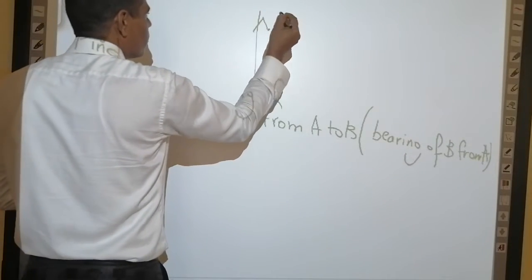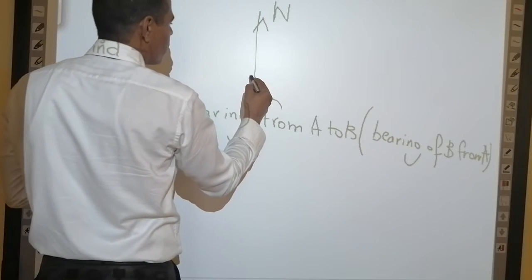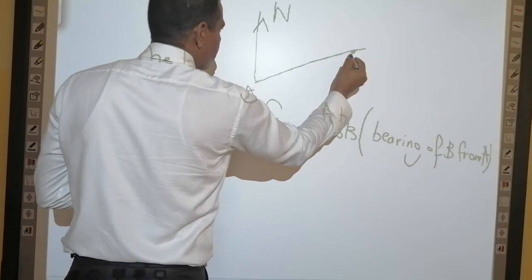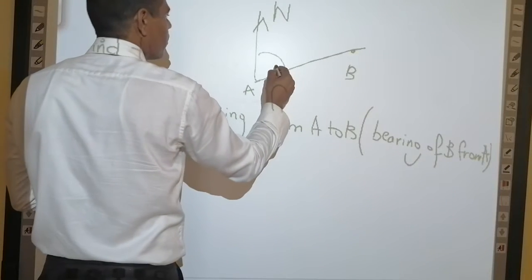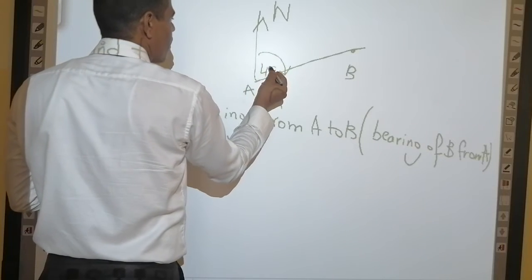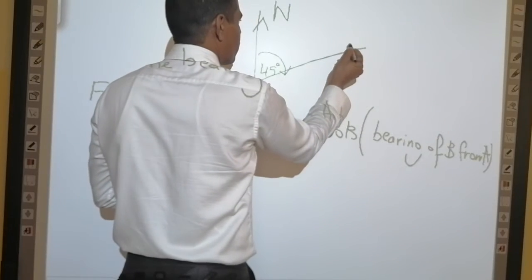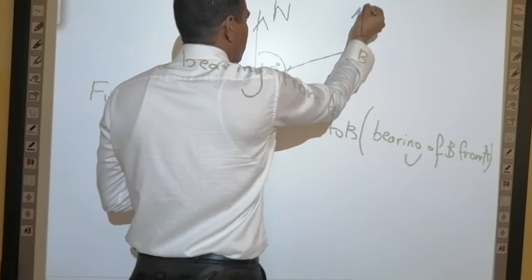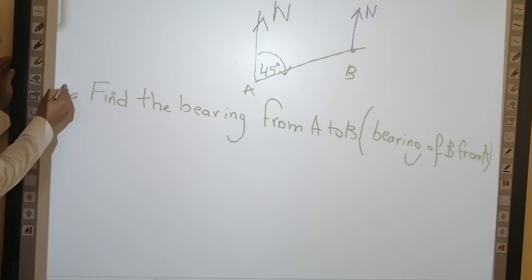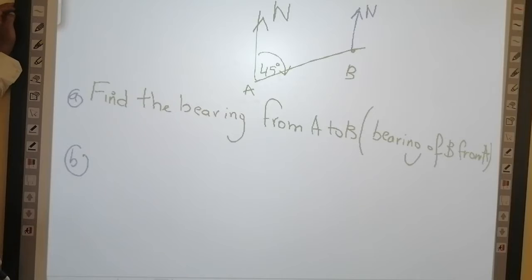This is the normal, this is A, this is B, and this angle is 45 degrees, and this is the next normal. Small question a: find the bearing from A to B.